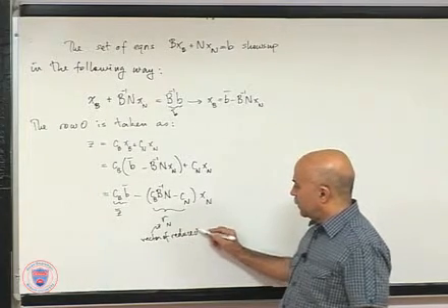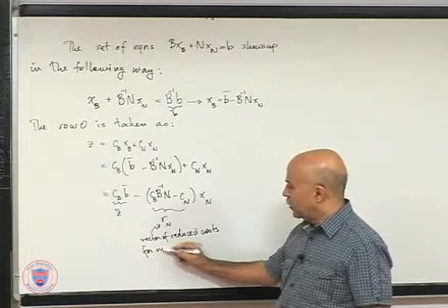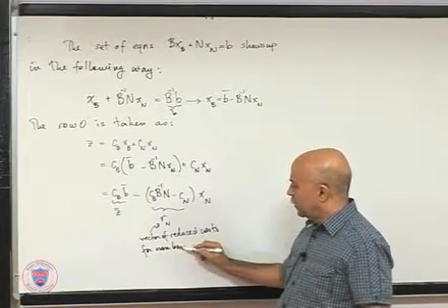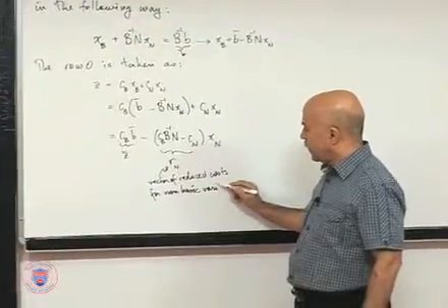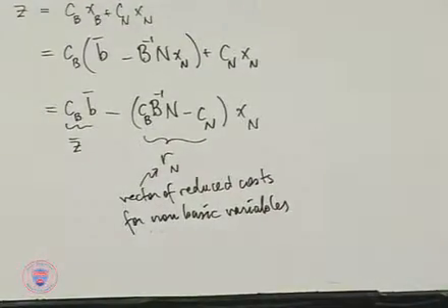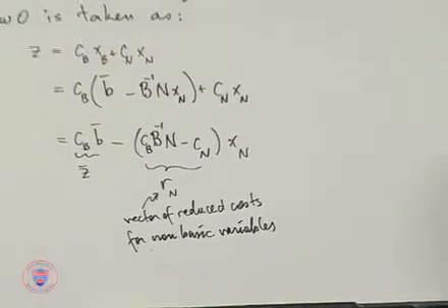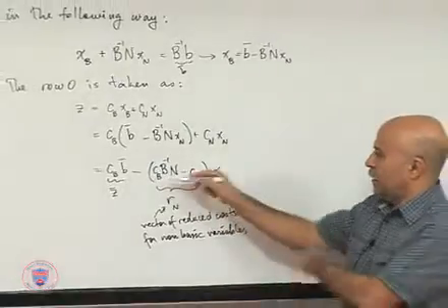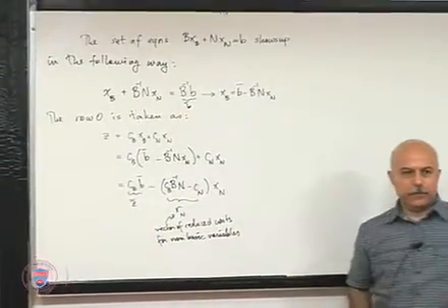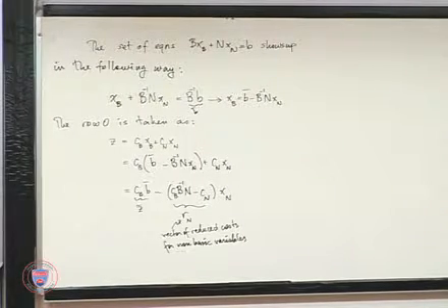Vector of the so-called reduced costs for non-basic variables. Okay? I might have written it out with a plus here and flipped the parenthetical part in the previous lecture, but it's the same thing. So don't get confused by that.